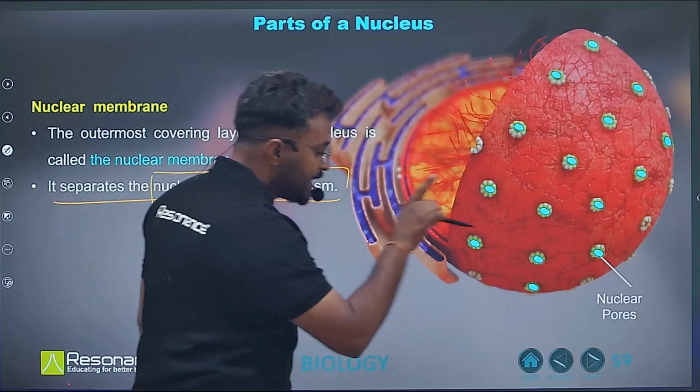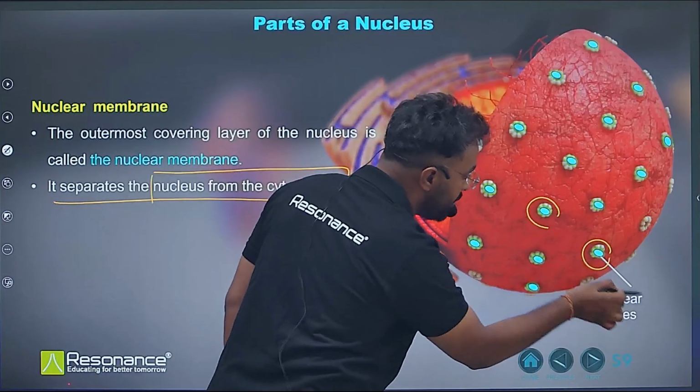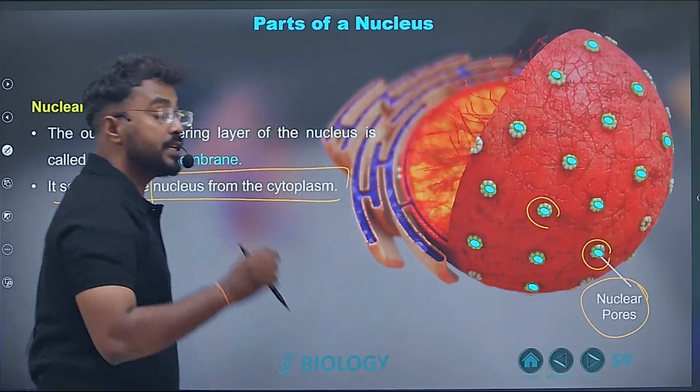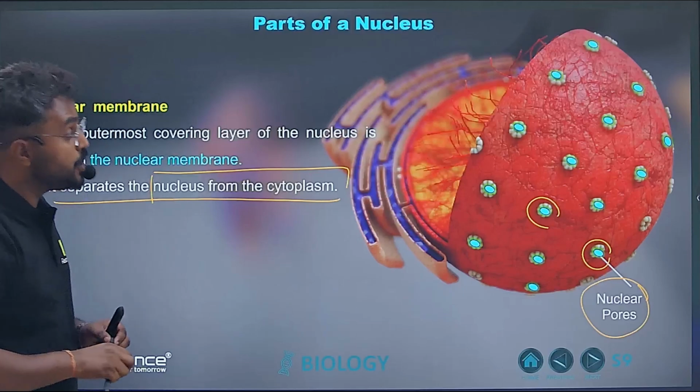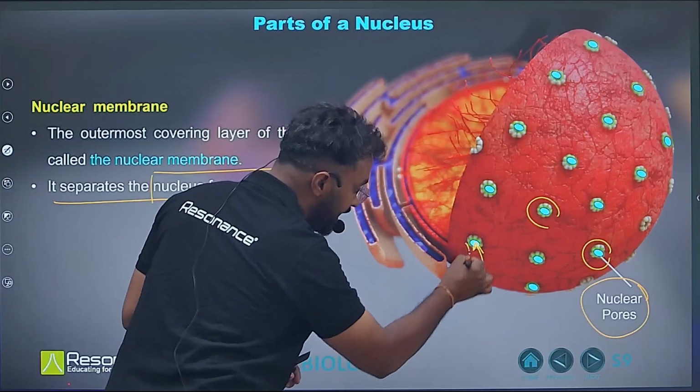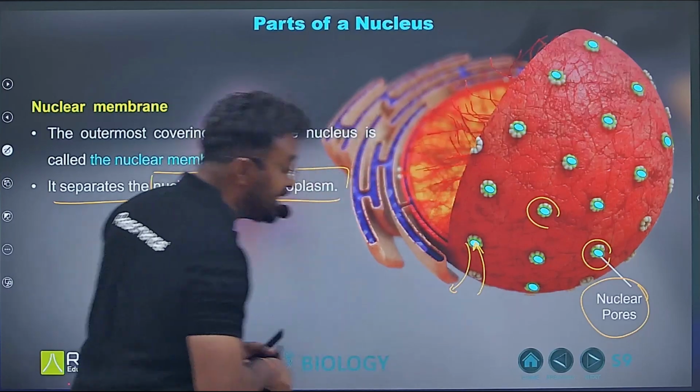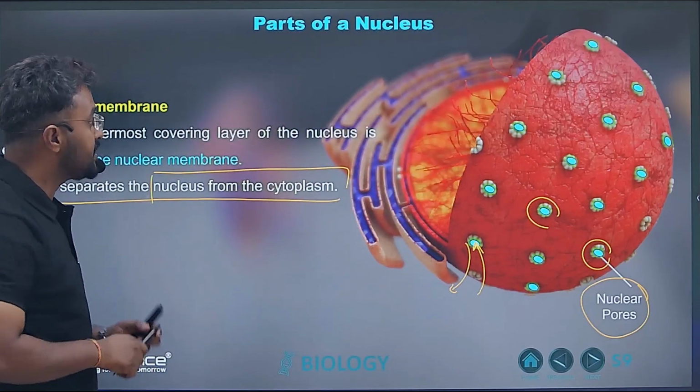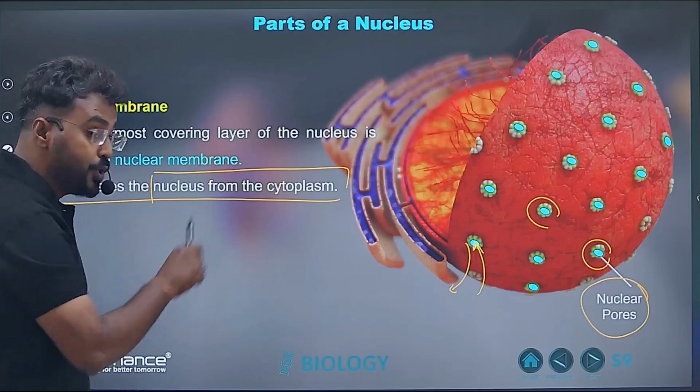I told you this nuclear envelope has very minute pores which are called nuclear pores. The nuclear pores allow entry as well as exit of some materials into and out of the nucleus. That is the role of the nuclear pore.